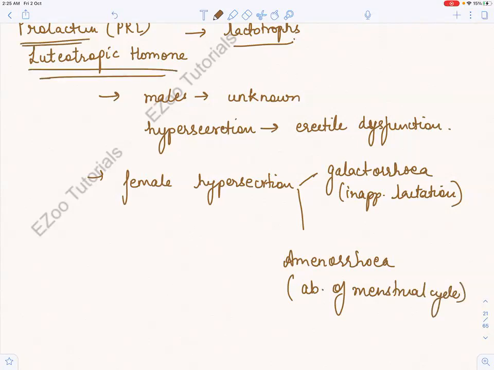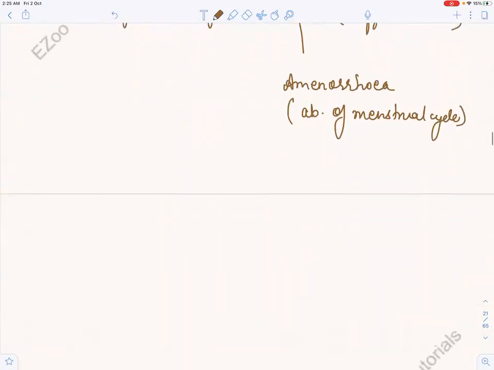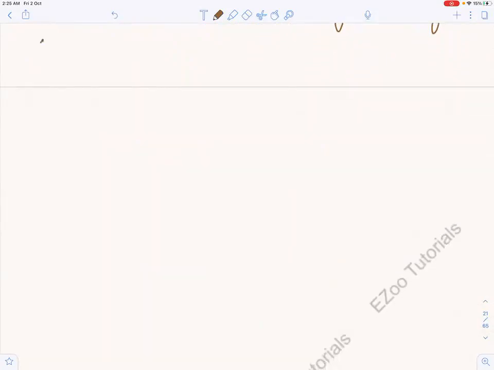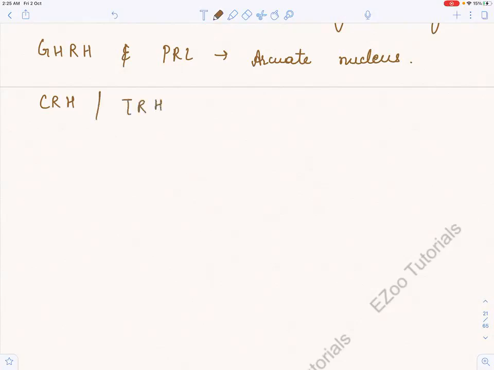So prolactin is secreted by lactotrophs. You can note one thing more, that growth hormone releasing hormone and this prolactin are secreted by the arcuate nucleus, and CRH and TRH are secreted by what?